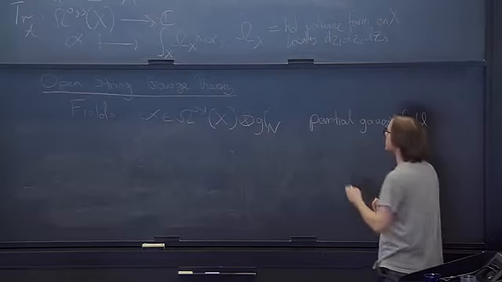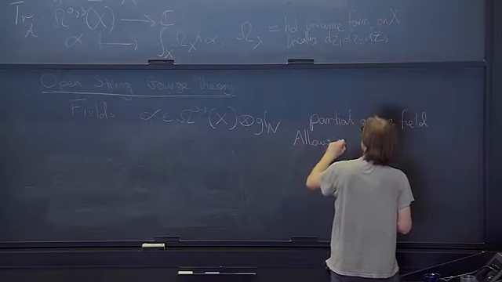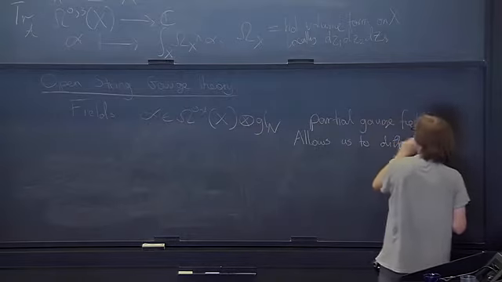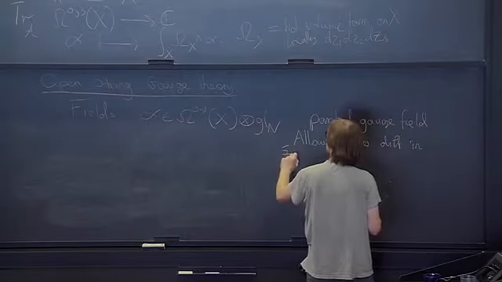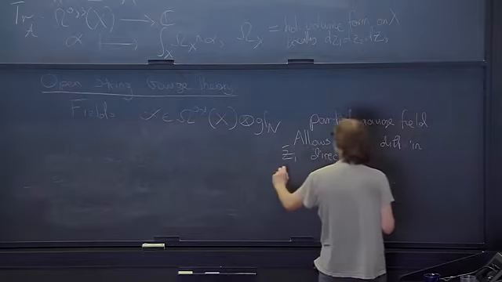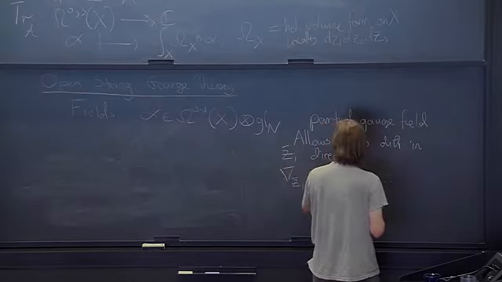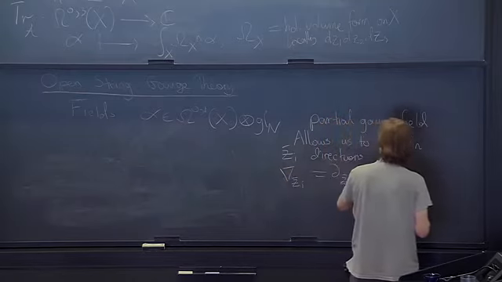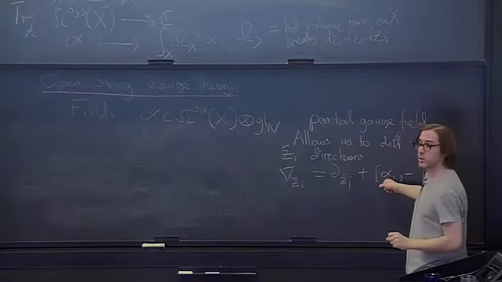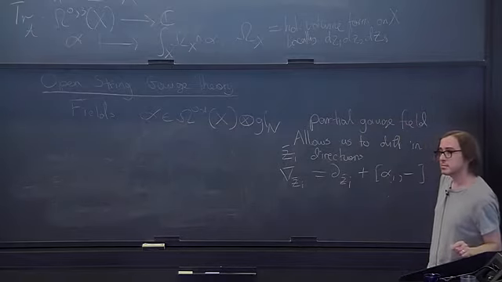This allows us to differentiate in the z-bar directions. So we have a covariant derivative in the z-bar I direction, which would be del z-bar I plus the corresponding component of this. Make sense?